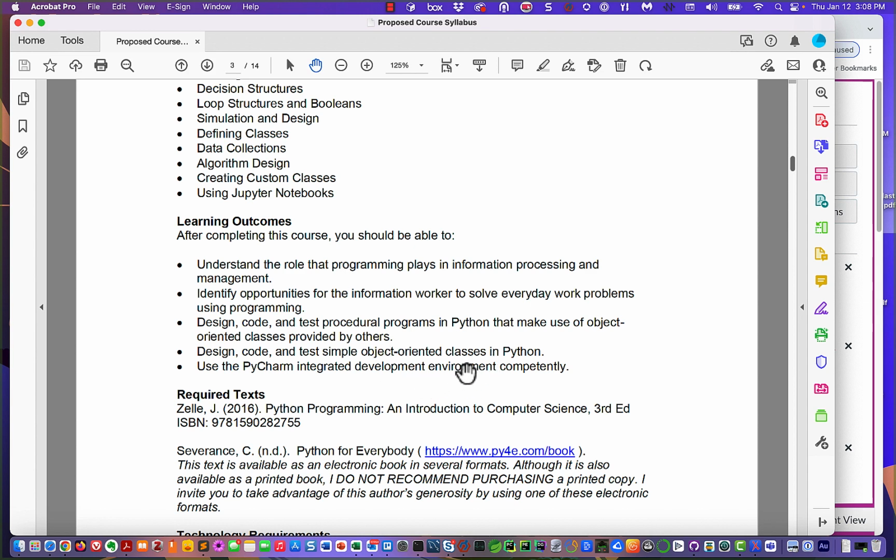But we are going to design, code, and test a simple object-oriented custom Python class that you create, and you're going to get to use the PyCharm Professional integrated development environment, sometimes called an IDE.